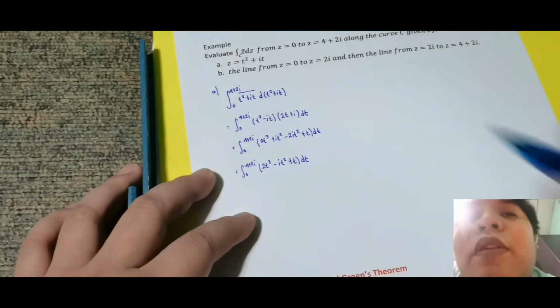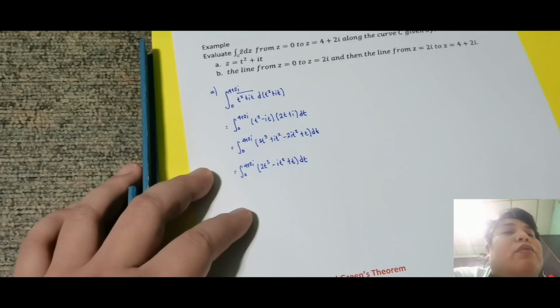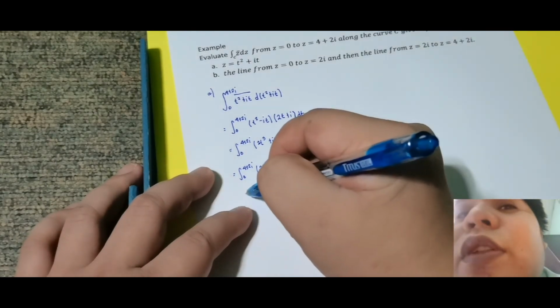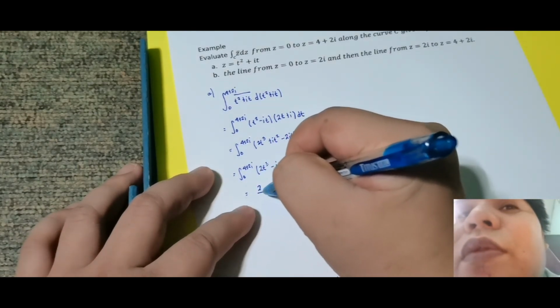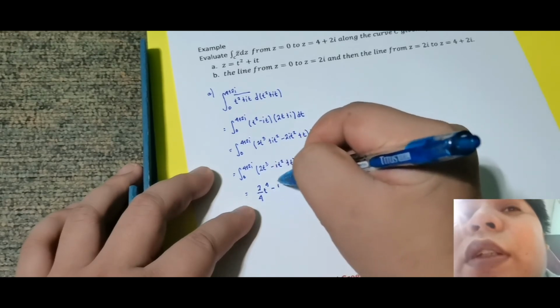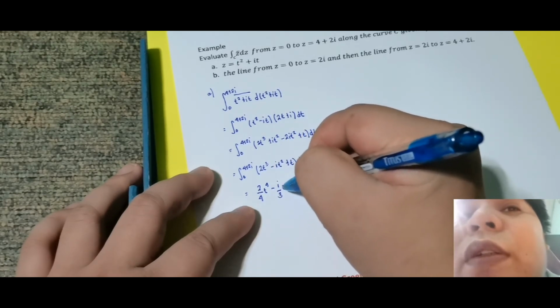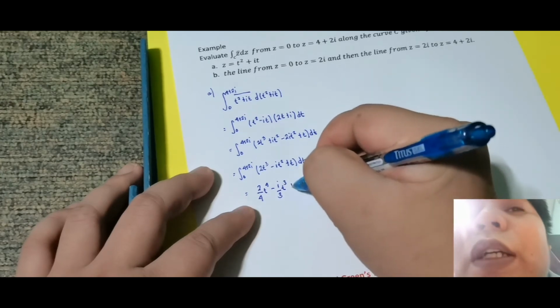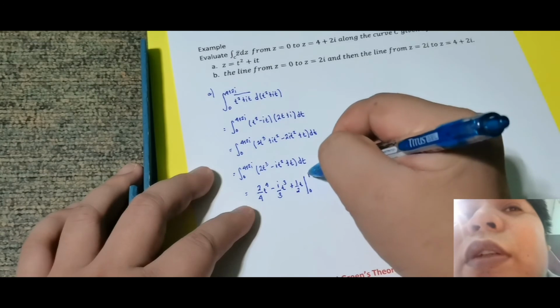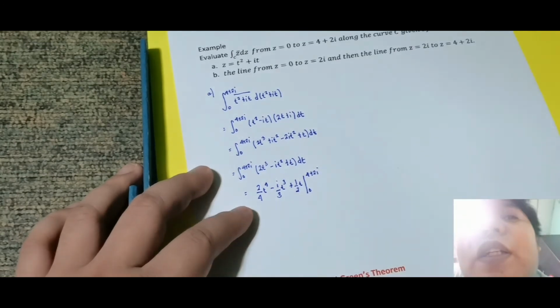So pag integrate, consider constant, syempre dyan sila 2, si i tapos si 1 dun sa t. So this is equal sa 2 over 4 t to the 4th minus i over 3 t cube plus 1 over 2 t squared. Then yung boundary 0 to 4 plus 2i.